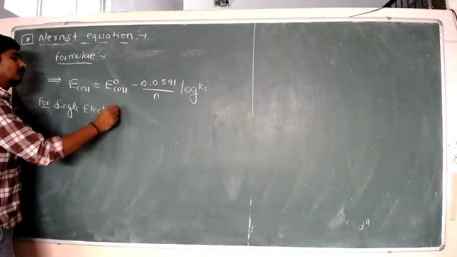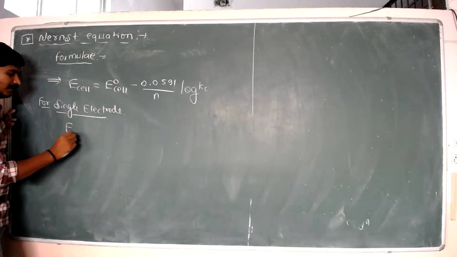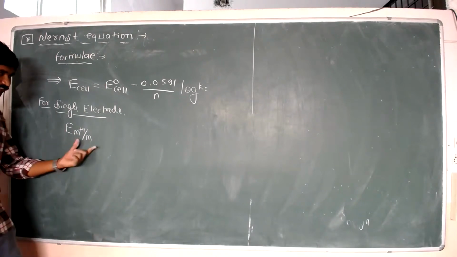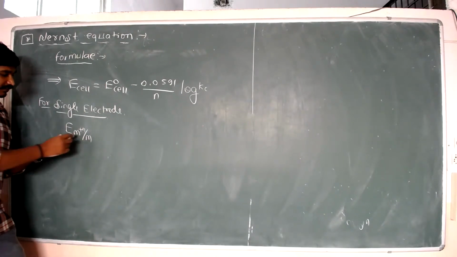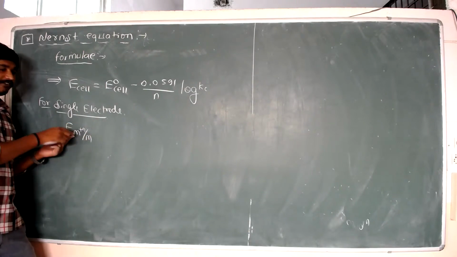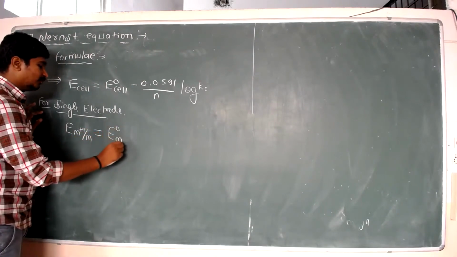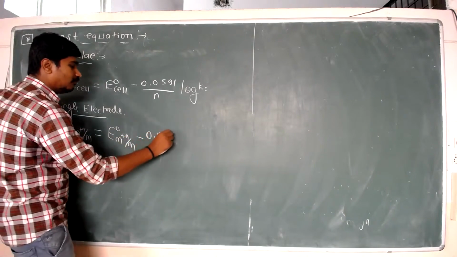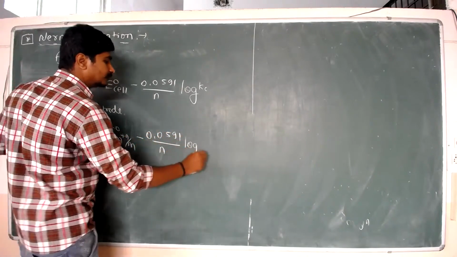Nernst equation for a single electrode. For a single electrode, what is the Nernst equation? E of M plus n by M. It is not for the cell, it is for the half cell. Therefore, I am getting this one. M plus n by M means this M plus n, after gaining n electrons, is converted into M. Gain of electrons means reduction potential, which is equal to the standard reduction potential for the same metal minus 0.0591 by n log.